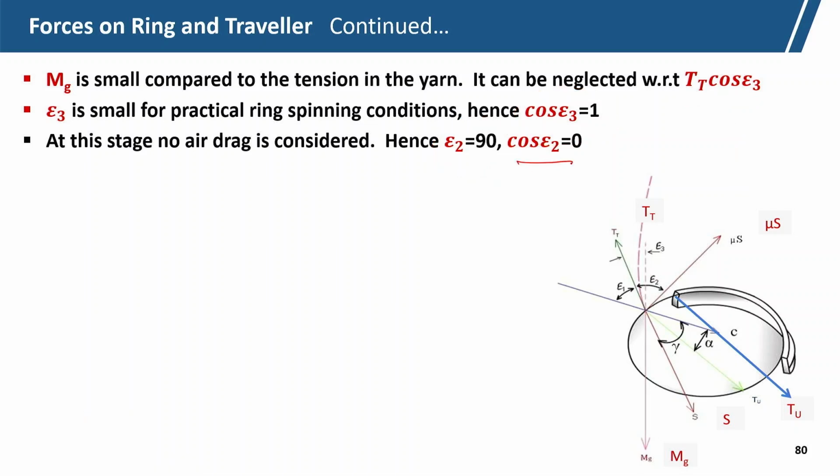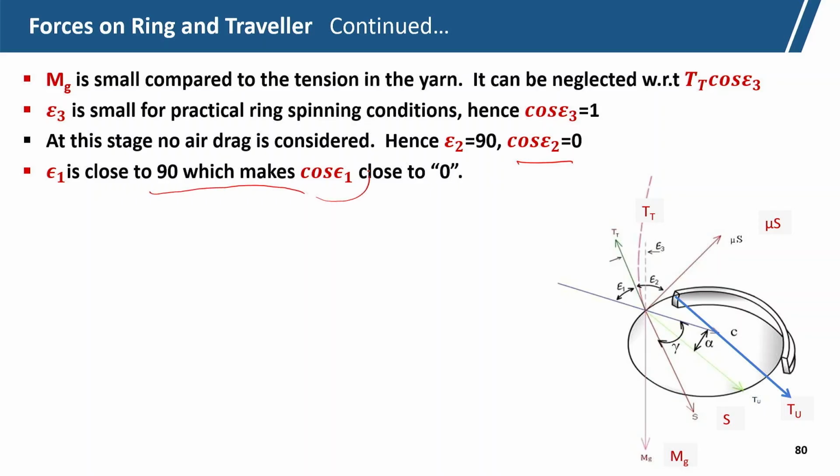So, that is with no air drag. When air drag is there, there will be some inclination, and in that case epsilon will have some lower value; otherwise it is 90 degrees. Epsilon 1 is also close to 90 degrees, which makes cos epsilon 1 close to 0.